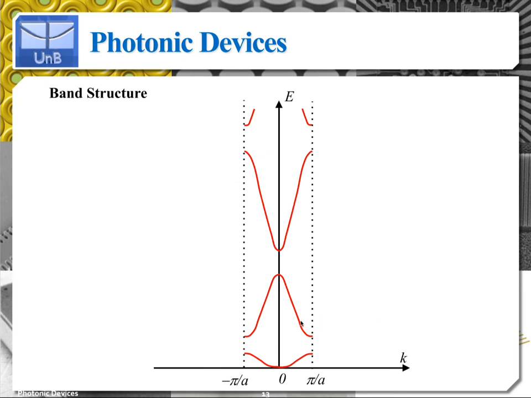So if you show things as a function of wave vector k, we usually say that we are working in the k space. And also we can talk about the Brillouin zone, which is exactly this. The zone corresponding to one period in k space is the Brillouin zone. So this range right here.